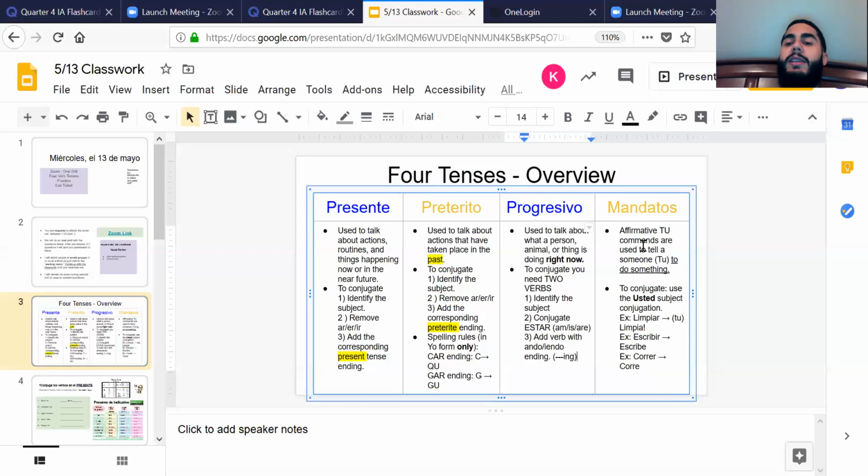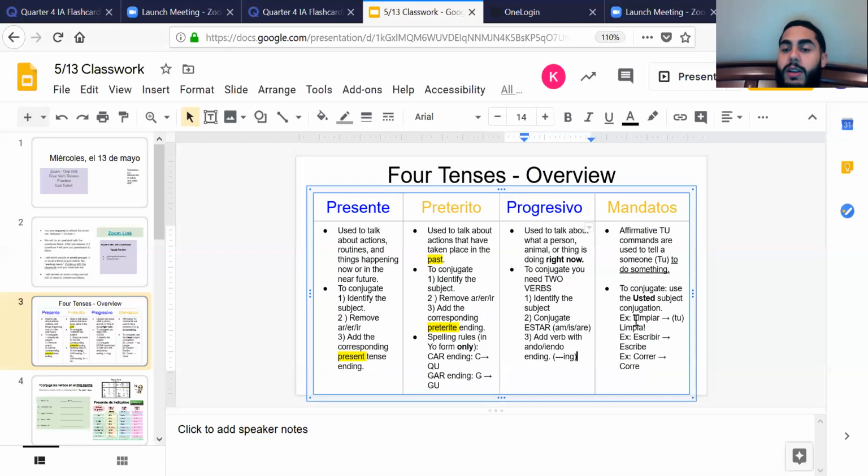And last but not least, mandatos. These are affirmative tú commands, and they are used to tell somebody, someone, to do something, right? To conjugate, use the usted subject conjugation, all right?